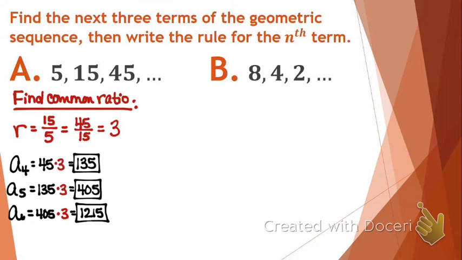Now I want to write the nth term. How do I write this for a sub n? I heard 5 times 3 to the power of n minus 1.